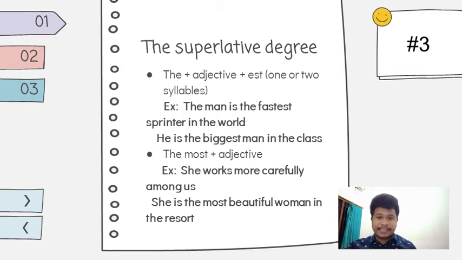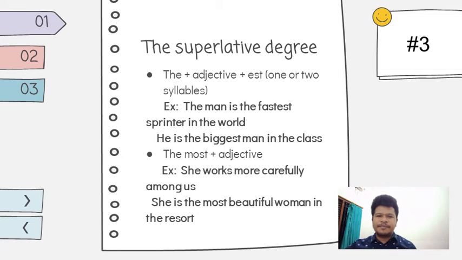And the last, the superlative degree. This compares more than two things to know which has the least or the greatest degree of the quality. Or in Bahasa, we know it by saying paling.